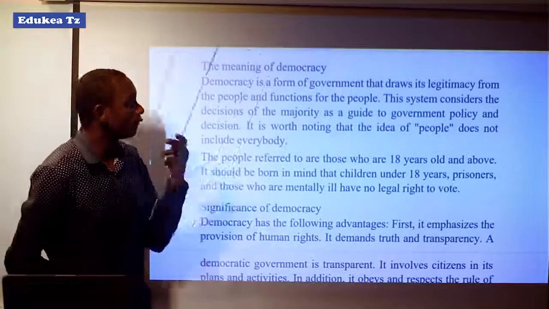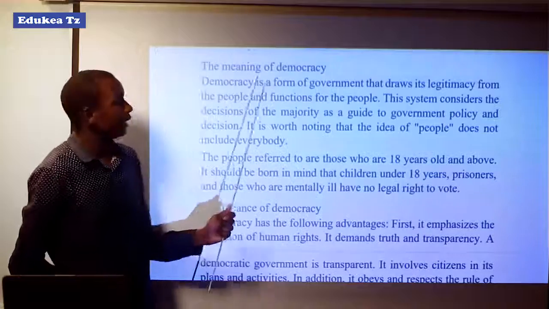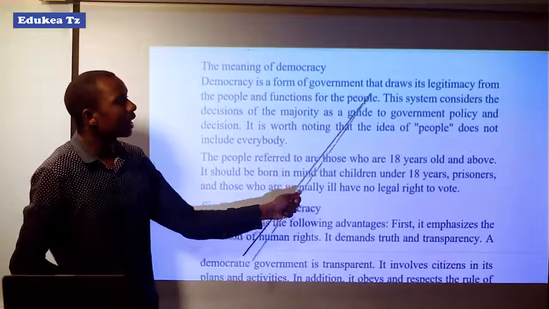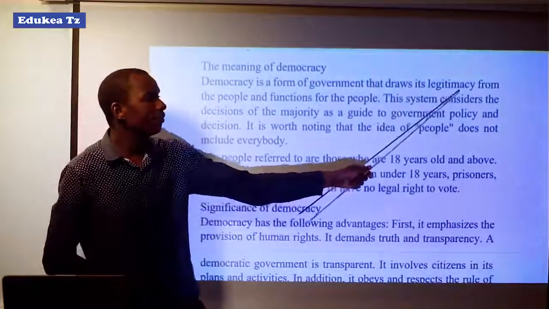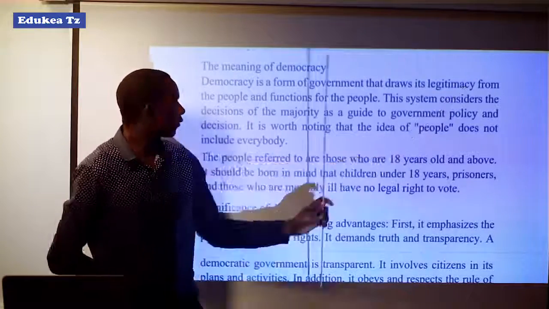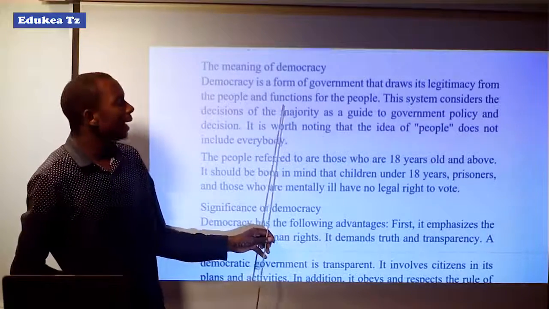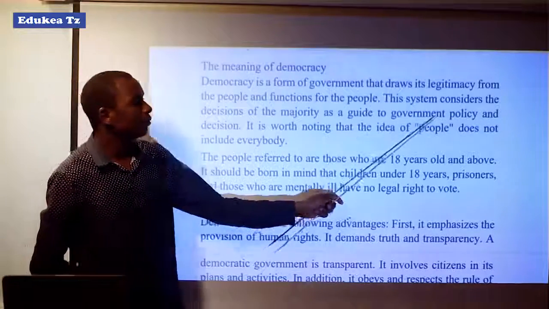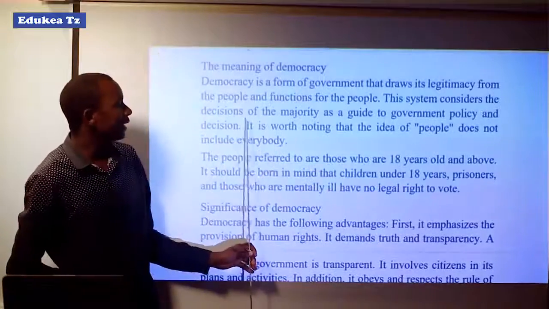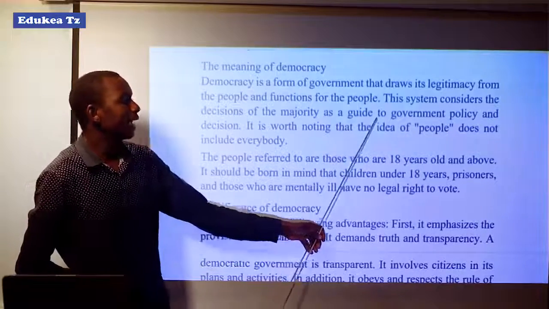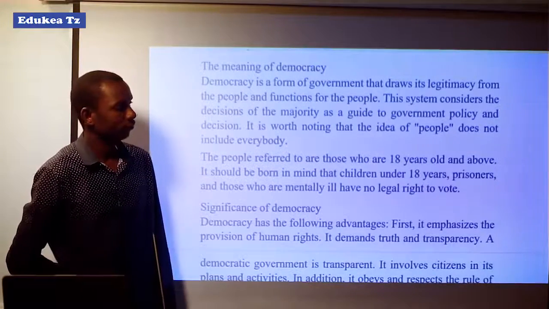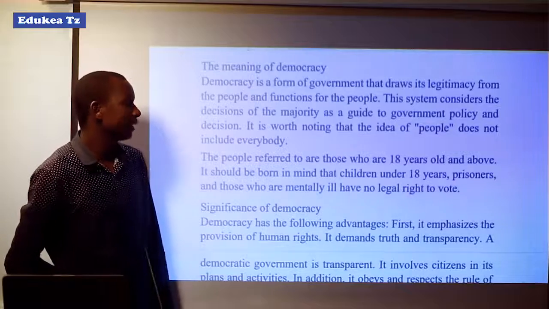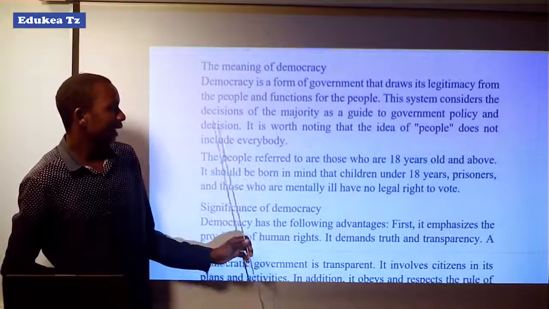Democracy is a form of government that draws its legitimacy from the people and functions for the people. This system considers the decisions of the majority as a guide to government policy and decisions.